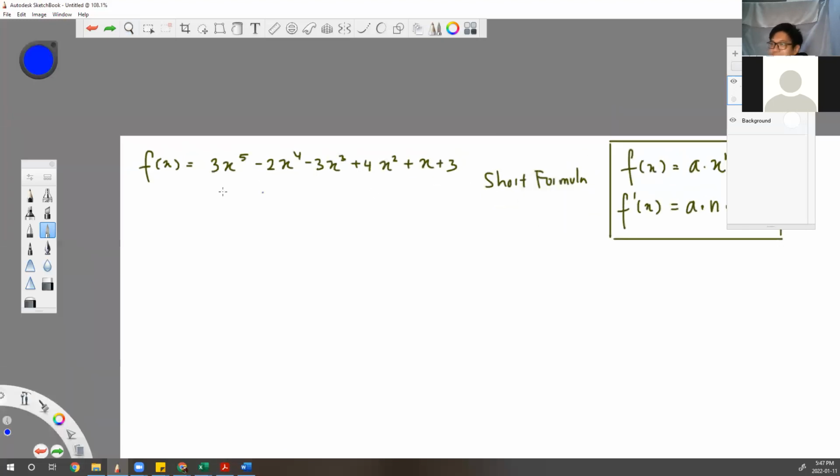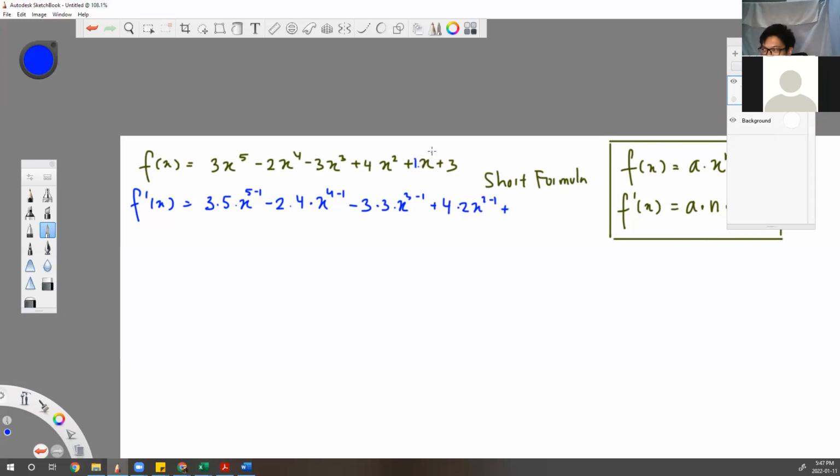Okay, let's see. We have this 3, right? 5 going down, x to the power 5 minus 1. That's it. And minus 2, this is f(x) on x to the 4. You put the 4 down, the power down, and then minus 1. Minus 3, put the 3 below, x to the power 3 minus 1. Plus 4, right? We have 4 here, times 2, the 2 going down, x to the power 2 minus 1. Plus, we don't have any number, so 1, right?